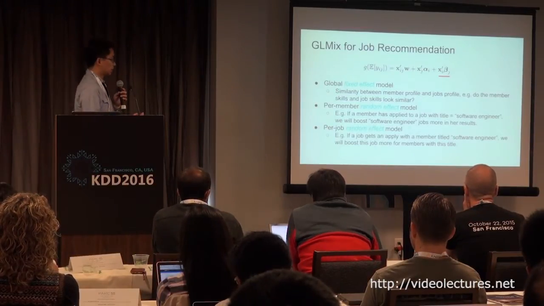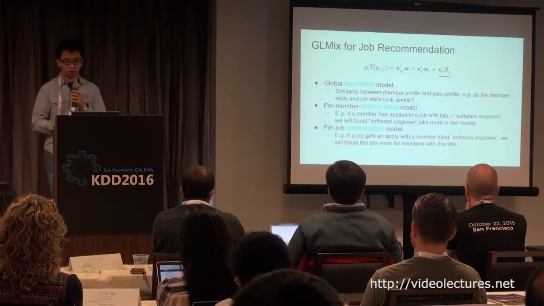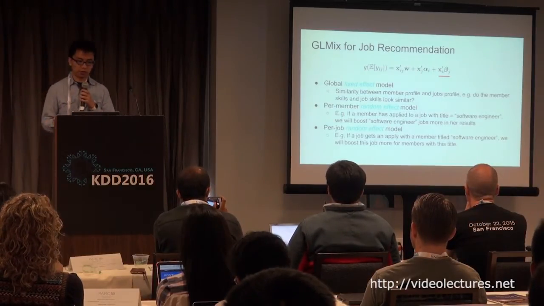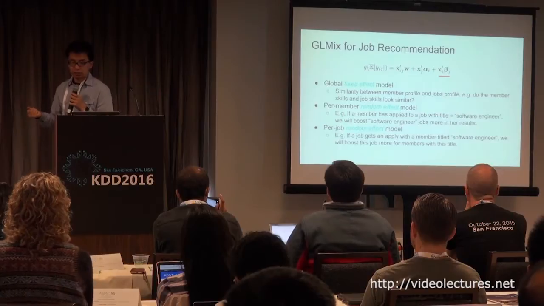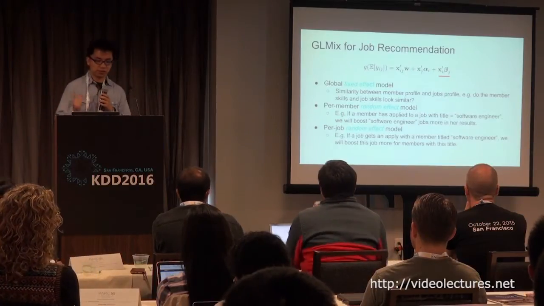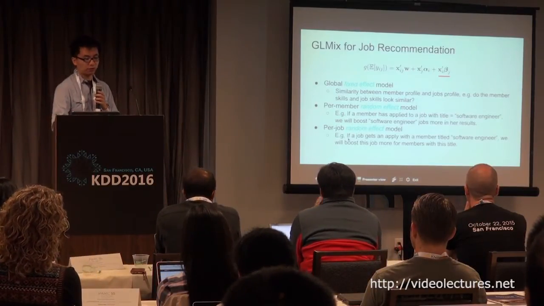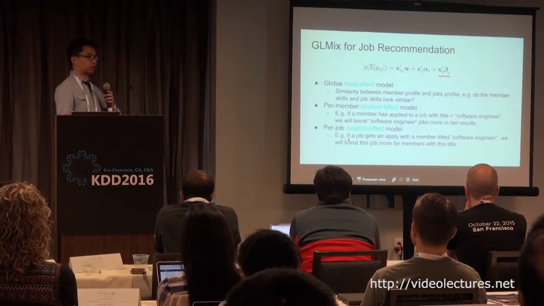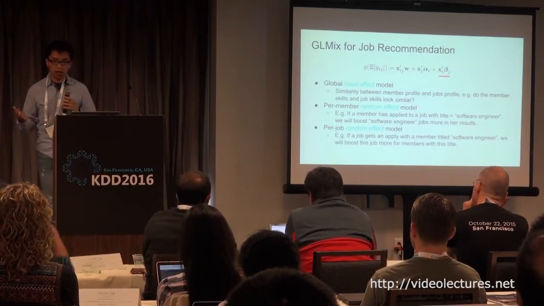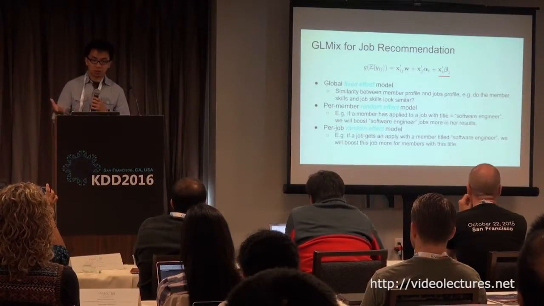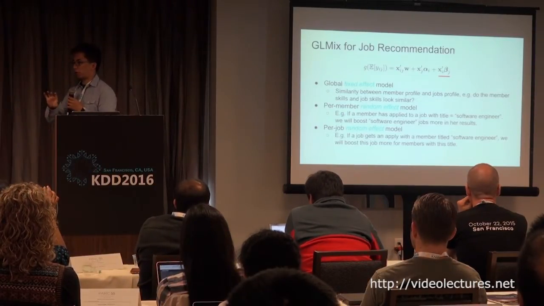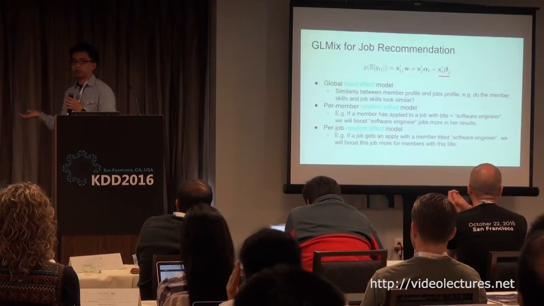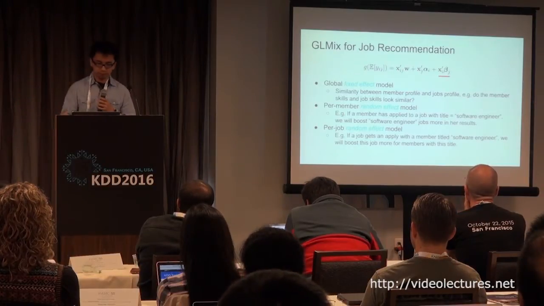And the last component is a per-job coefficient, the per-job random effect model. In this case, we have a coefficient specific to each job. For example, if a job gets applied to by a member with the title software engineer, in the future we will boost the job more for LinkedIn members with the title software engineer. That's simple.